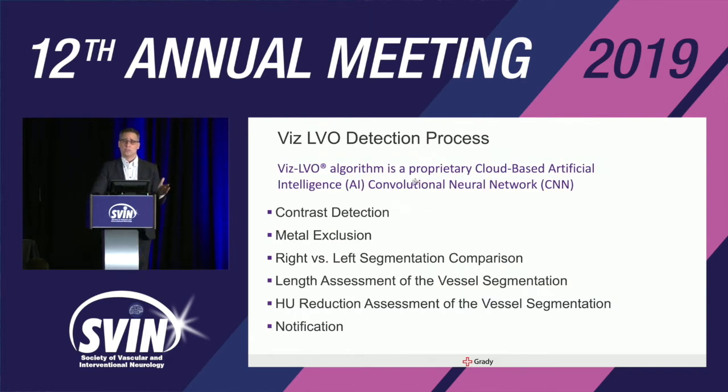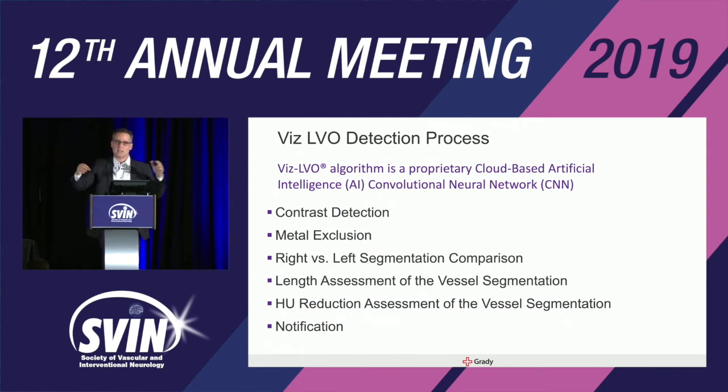So there are several different steps that the neural network will process for us. The first thing that it does, it looks for contrast in the CT scan. After that, it excludes the presence of metal because that would create artifact. There is then a segmentation process where you compare left with right, and the algorithm then traces a central line across the vessel and extends that, and then it can compare the different lengths from one side and the other.